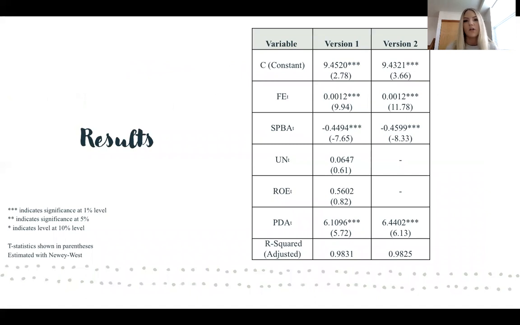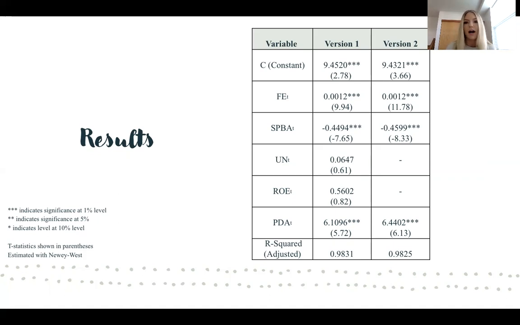Here we have a table of the results of the regressions that were run. You can tell there are two different versions of the model. The first version includes all of those variables that I just mentioned. And the second version includes only the variables that were statistically significant. So considering the adjusted R-squared is about the same for both versions, in version 2, even without the unemployment rate and the dummy variable for Roe, we're still explaining the same amount of variation in the dependent variable.